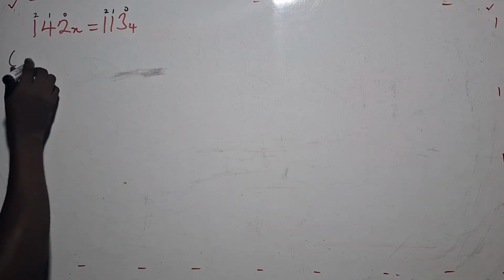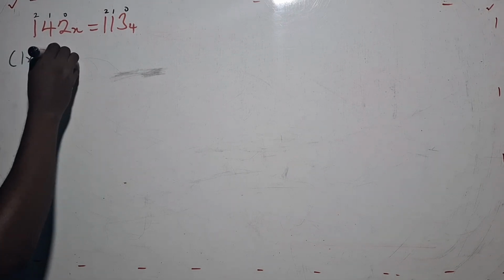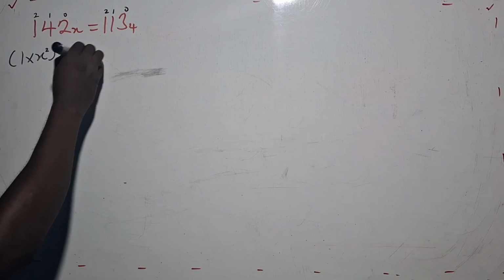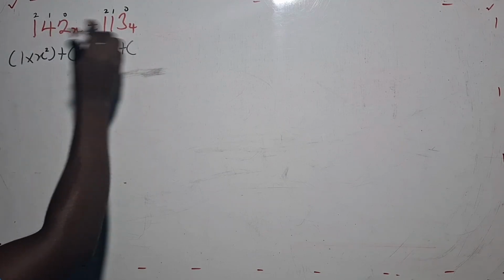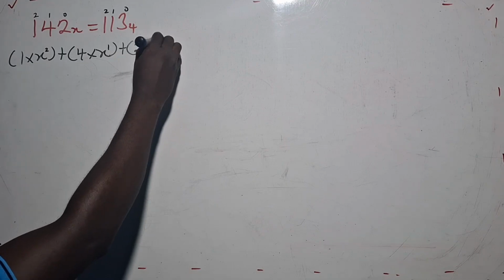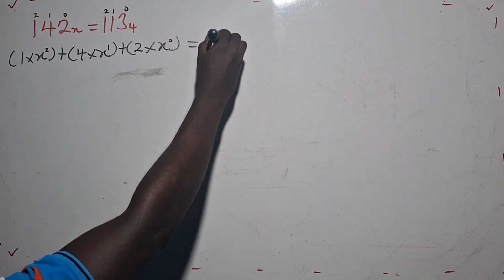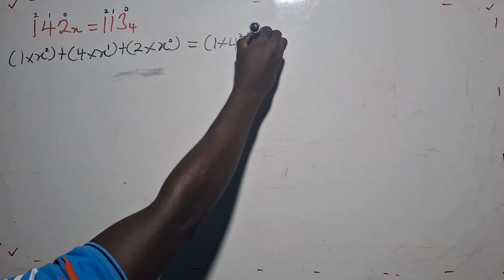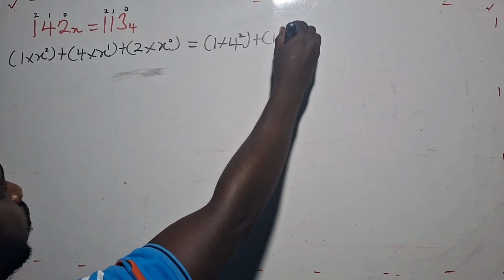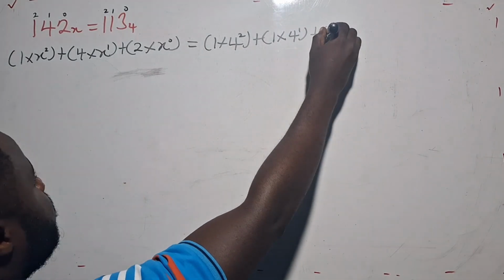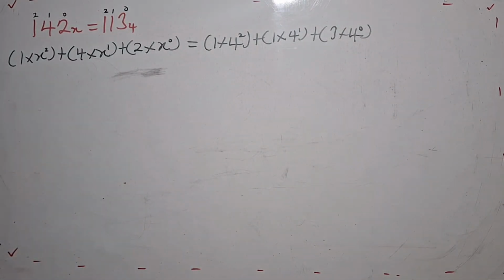So let's solve here. This will give us 1 times x raised to the power 2, then 4 times x raised to the power 1, then 2 times x raised to the power 0, equal to 1 times 4 power 2 plus 1 times 4 power 1 plus 3 times 4 power 0.